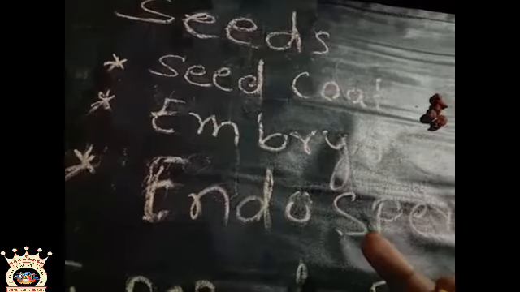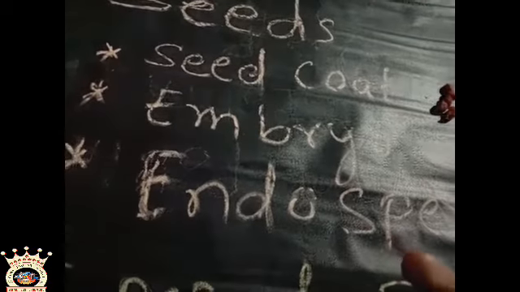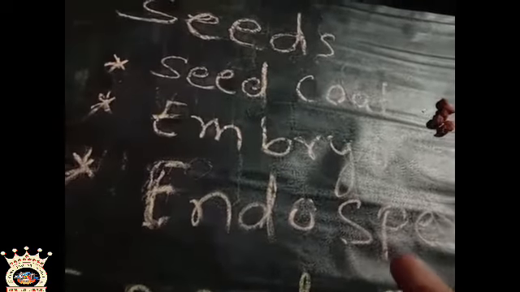But one more thing is the endosperm. Endosperm is the tissue which stores the food. It also provides the food to the baby plant. So this is about the seeds.